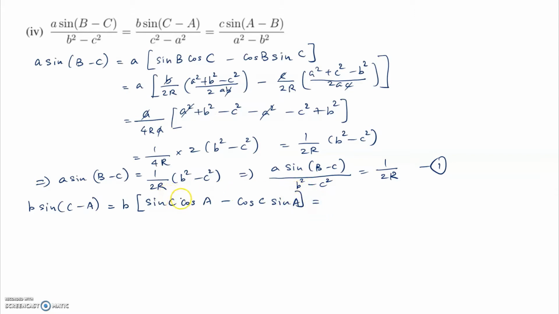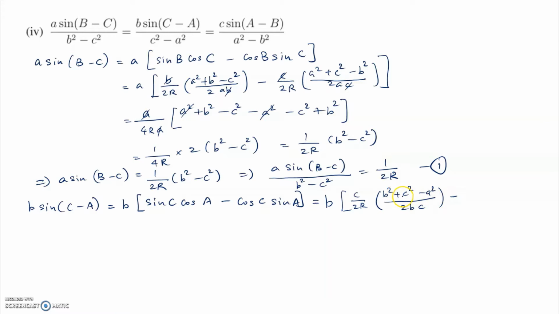Further, let's keep the b as it is, and for sine c, let's replace that with c by 2r, and for cos a, let's use the cosine formula, so that becomes b squared plus c squared minus a squared divided by 2bc.